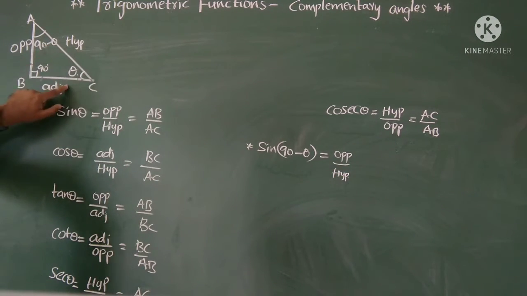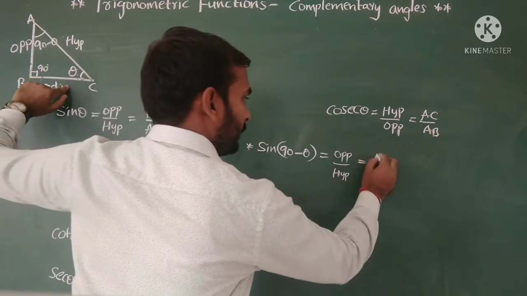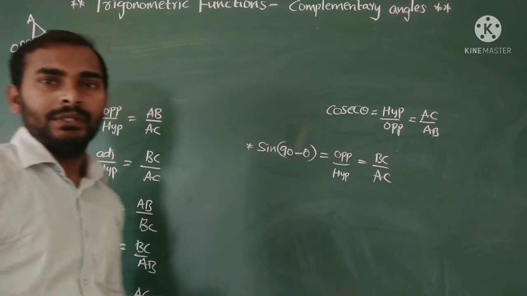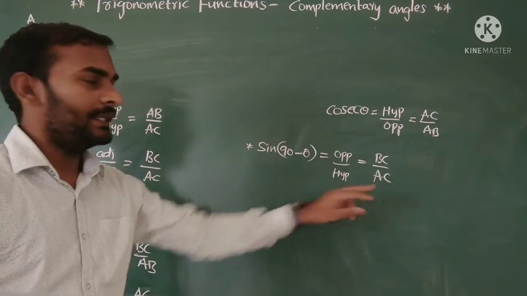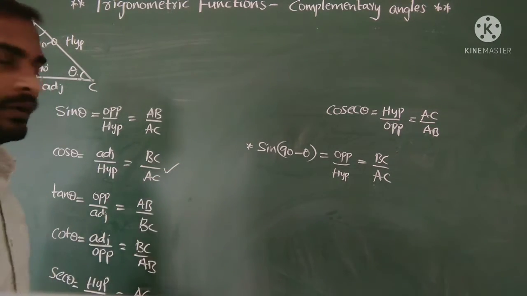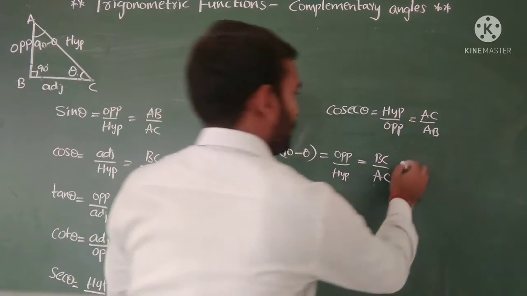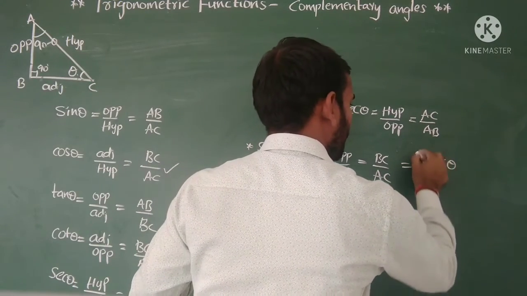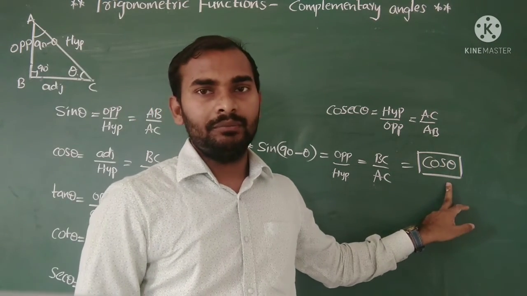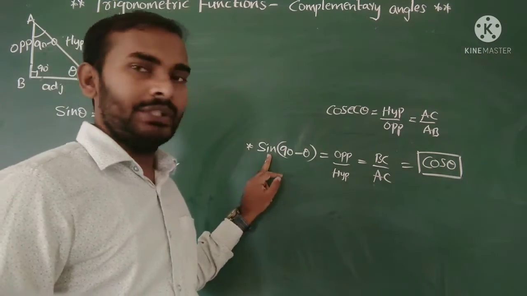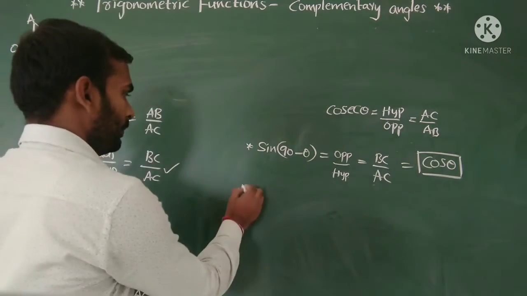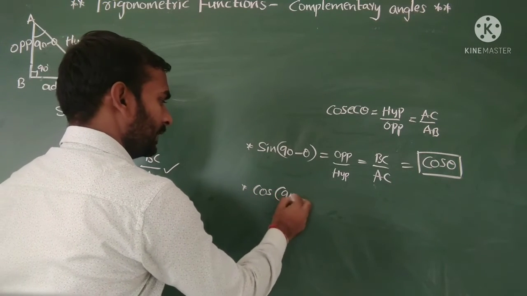For 90 minus theta the opposite side is BC, and hypotenuse is AC. So BC by AC, which one is it? Here we have BC by AC. What is that? Cos theta. So sin 90 minus theta is equal to cos theta. That means sin 90 minus theta value and cos theta value are both the same.